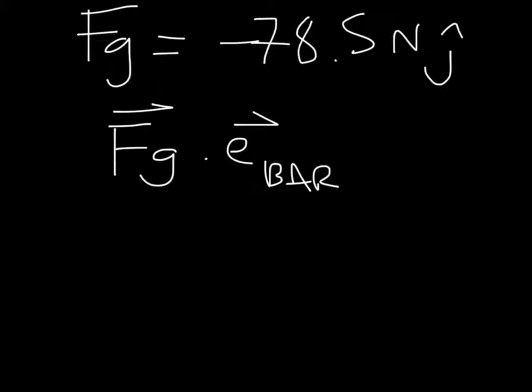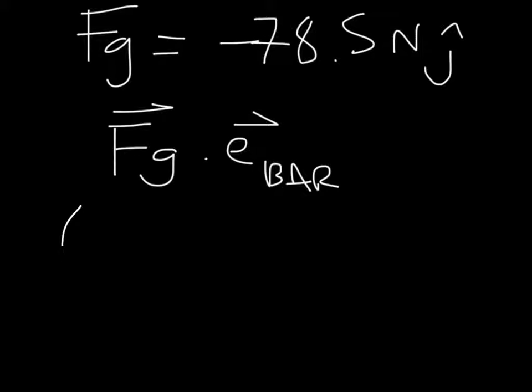Remember, the force of gravity in vector form was negative 78.5 newtons j hat. So in order to find how that is relative to the bar, we're going to take the dot product of this force of gravity times the unit vector of the bar.